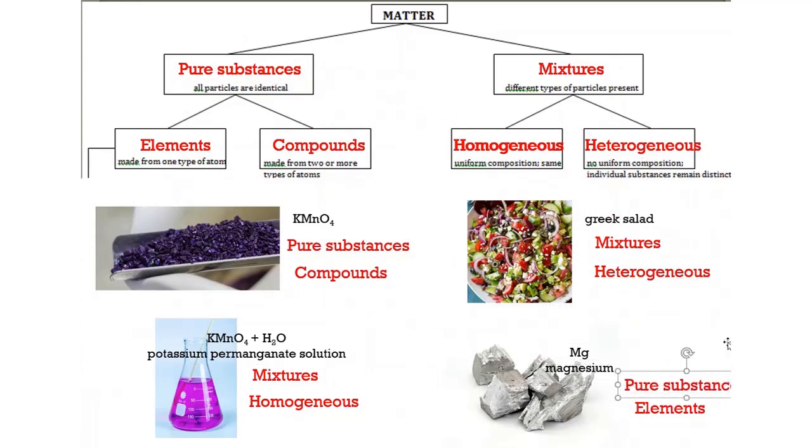Now, real quick before we end this video, if I say that something is a pure substance, can it be homogeneous? No, it cannot, right? Pure substances can only be further classified as elements or compounds, okay? If something is a mixture, can I say that it can be further classified as elements?